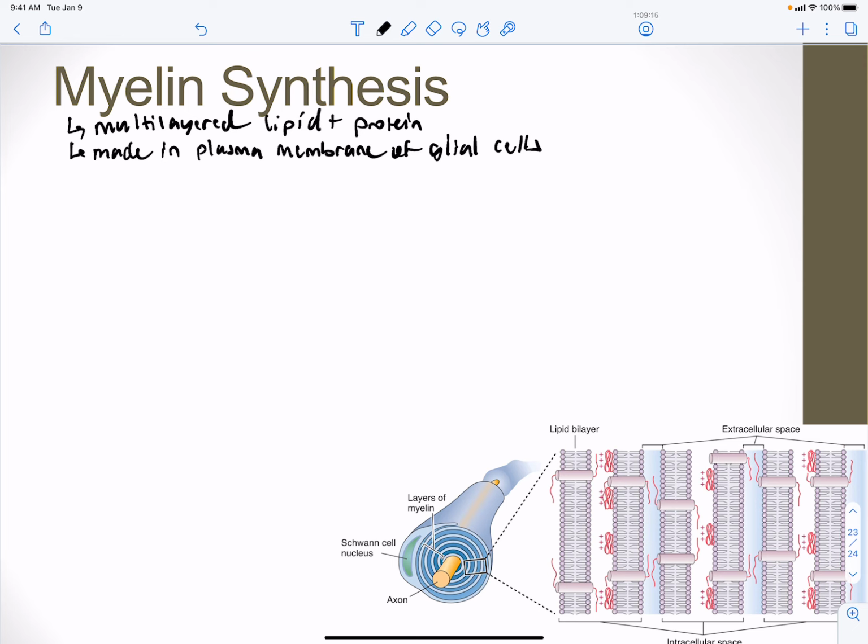So in your peripheral nervous system, it's your Schwann cell that's responsible for myelinating the axon of one nerve, and it does this by wrapping itself around the axon multiple times.